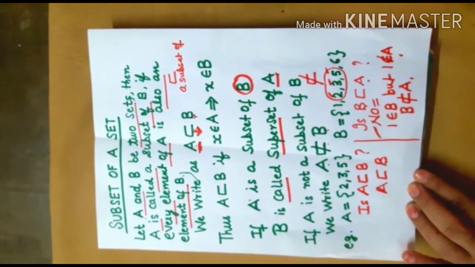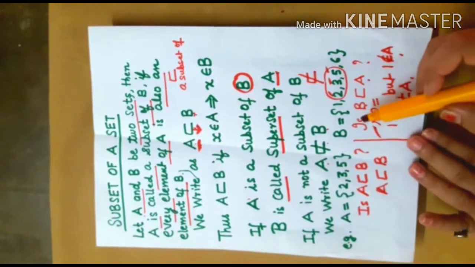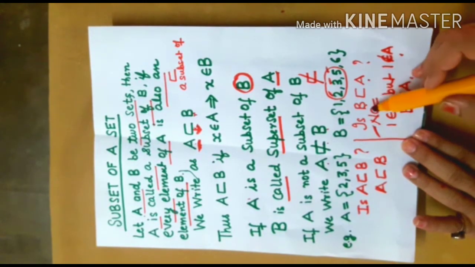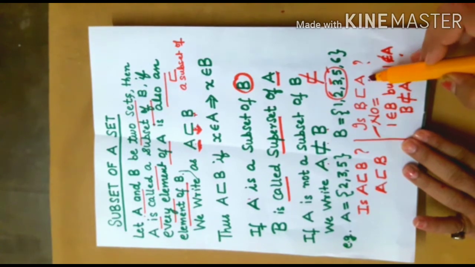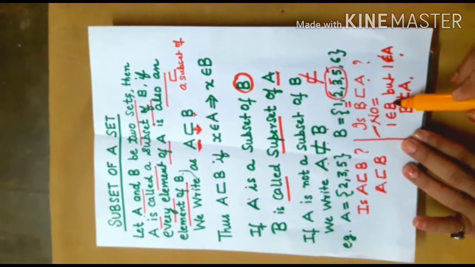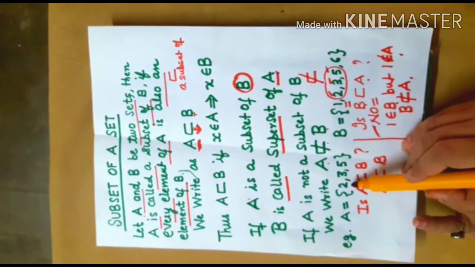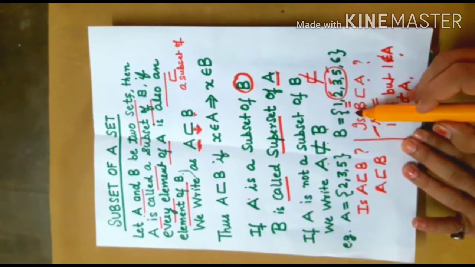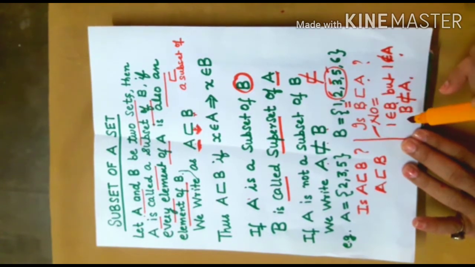Answer is no, because B will be a subset of A if every element of the set B is present in the set A. But here we see that 1 is an element of the set B, but 1 is not there in the set A. So we are able to find at least one element in the set B which is not there in the set A. So B is not a subset of A. That is, B is not contained in the set A.